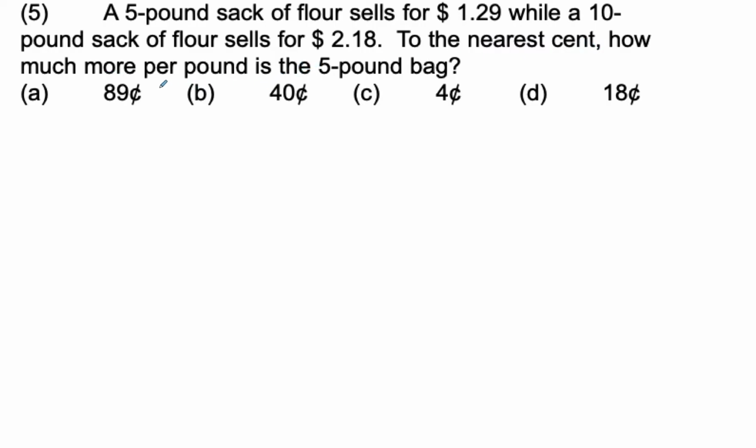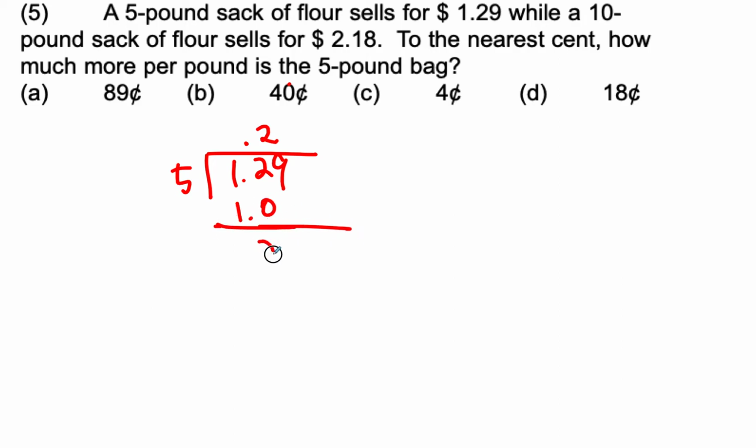We're looking for per pound, so we need to divide individually. 1.29 divided by 5, what do we end up getting? 0.258 is how much it costs per pound for the 5-pound bag.